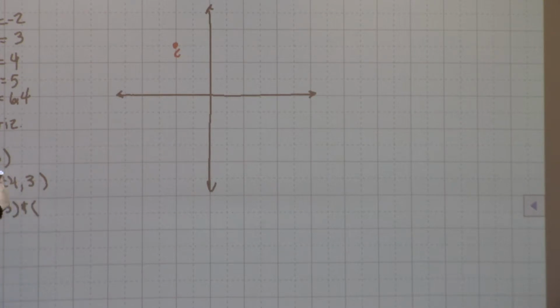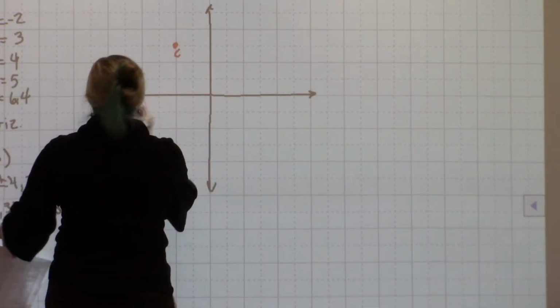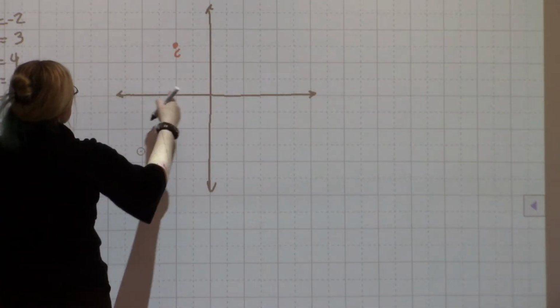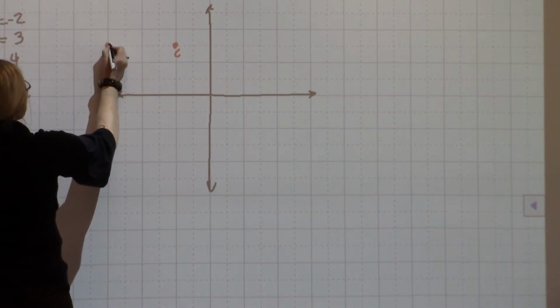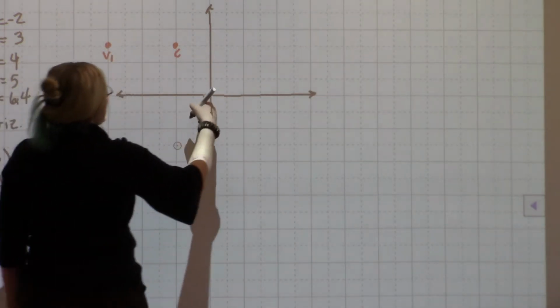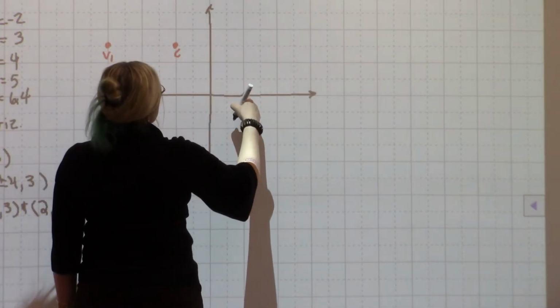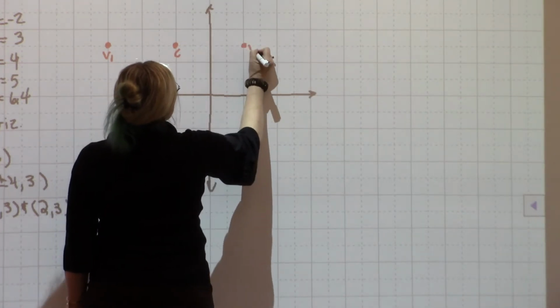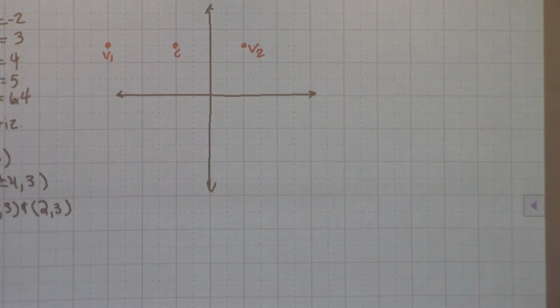And we're at -2 plus 4, which is 2, 3. So we're at -6, 3. Here is vertex 1. And 2, 3. Vertex 2. All right? It doesn't matter which vertex is which, does it? No. You can call it the other way. There's no specificity there.